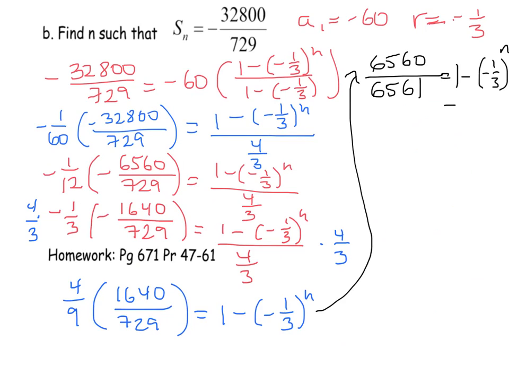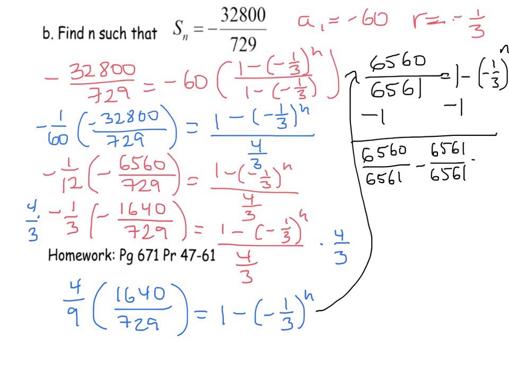So again, I subtract 1, and I need to find a common denominator. So that will mean 6,560 over 6,561 minus 6,561 over 6,561 will equal negative 1/3 to the nth power.